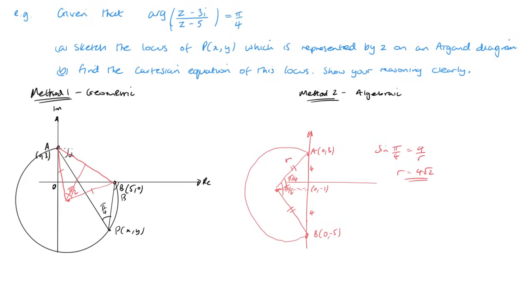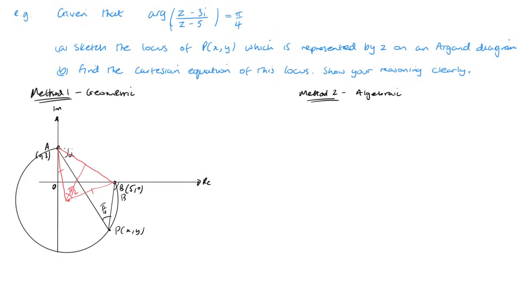There are various ways, you can do it using Pythagoras and so on. So geometric is the way to go when they are both on the x-axis, both on the y-axis, or both of a common x or a common y. Otherwise, I would say to go with the algebraic method, which is what I was going to do in this case.